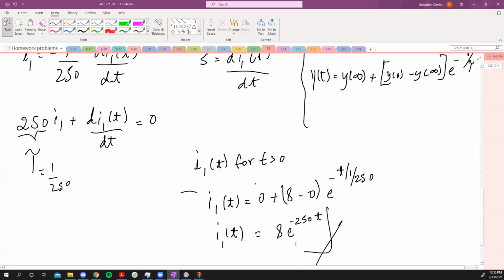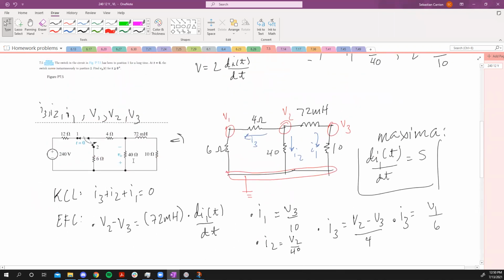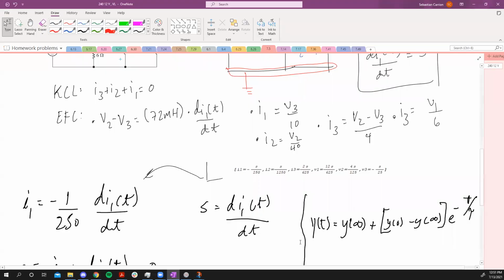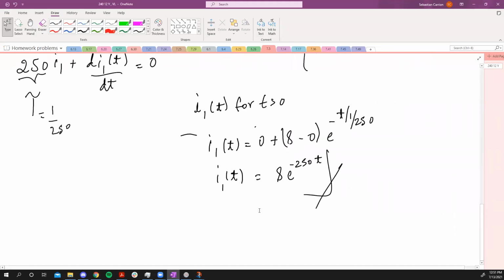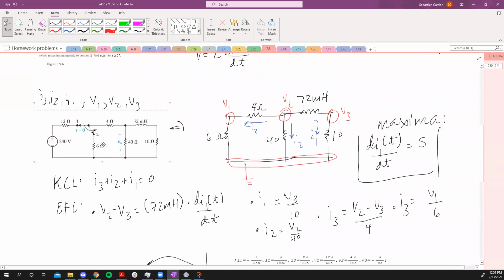And now we want to calculate the voltage drop across this 40 ohm wire. So for the voltage drop across that 40 ohm wire, I'm gonna bring this down again.